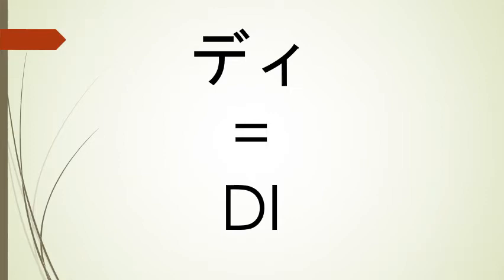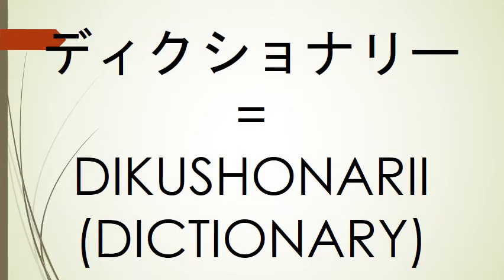Just want to let you know, this is another one that you're not likely to see a whole lot in Japanese, but it does exist and is used in the language. And an example of a word where that is used, if we combine de, small e, ku, shi, small yo, na, ri, and a long dash, we get dikushonari, which means dictionary.